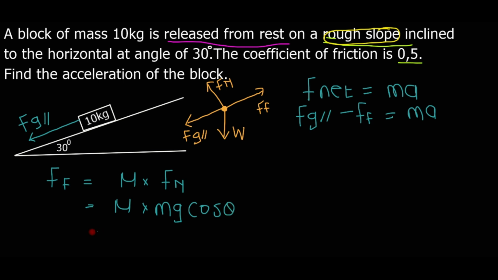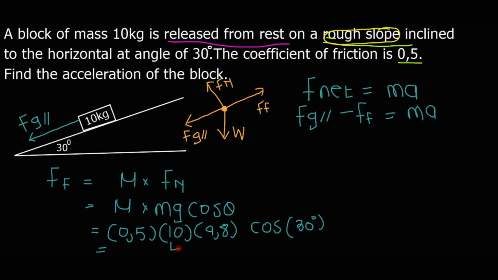So now let's substitute: 0.5 as the coefficient of friction, a mass of 10 kilograms, 9.8, and our angle is 30 degrees. So from there I press this on the calculator, and the answer is 42.435 newtons.